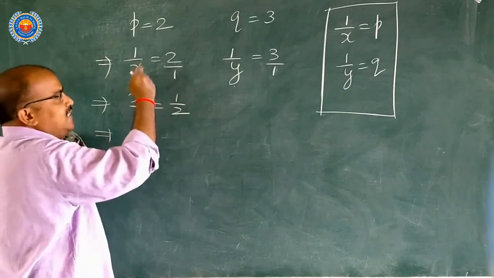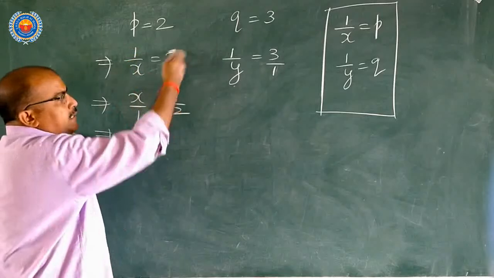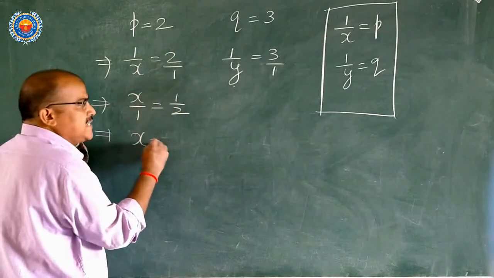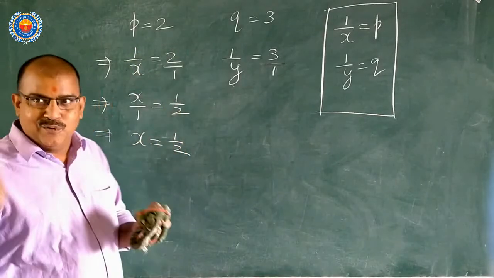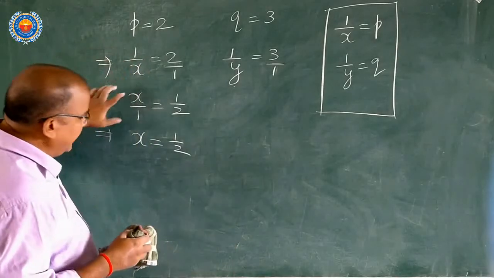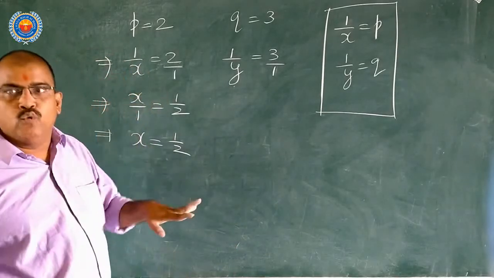Reverse it, 1 by x by 1 is automatically 1 by 2. X by 1 is nothing but x, and 1 by 2 is 1 by 2 only. Don't write 2.